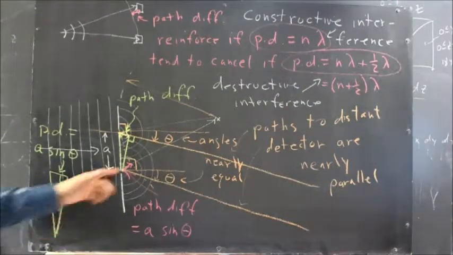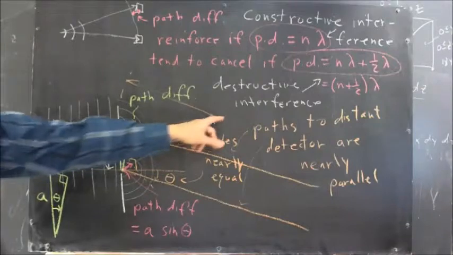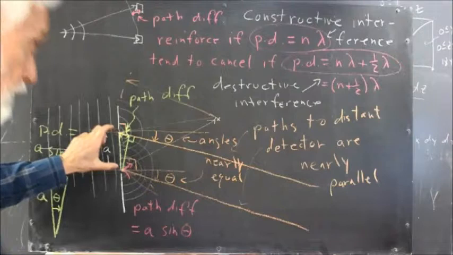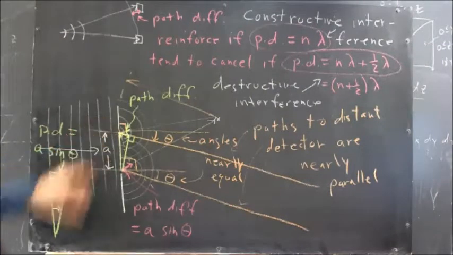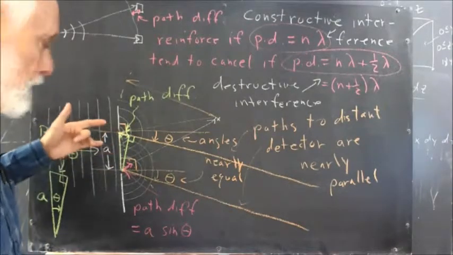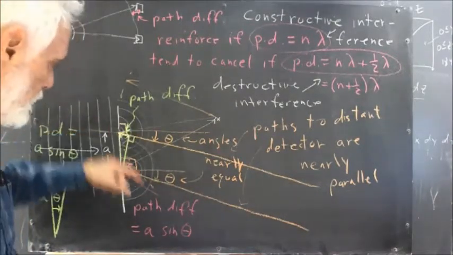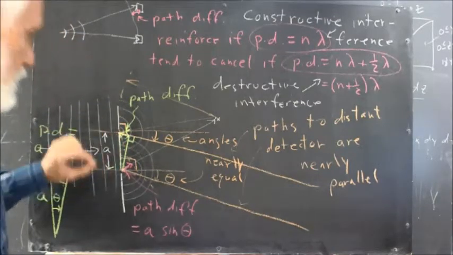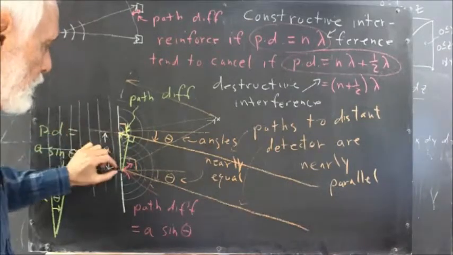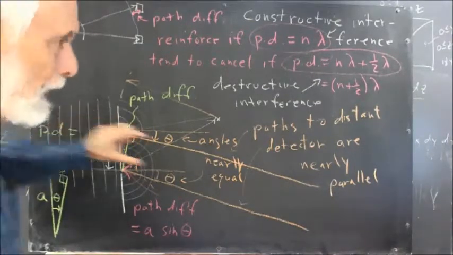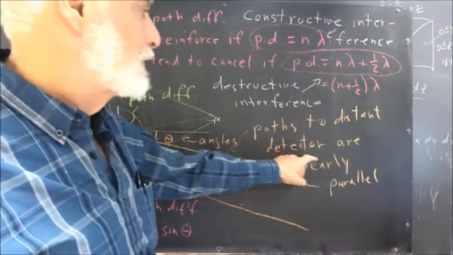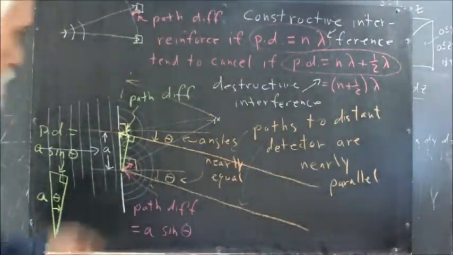Now, there's another situation. This point might be pretty close to these slits. We'll call them slits. They're openings. If we want to observe the result of the wave that comes through these two slits as it combines at a distant point, well, the paths to a distant detector are nearly parallel.